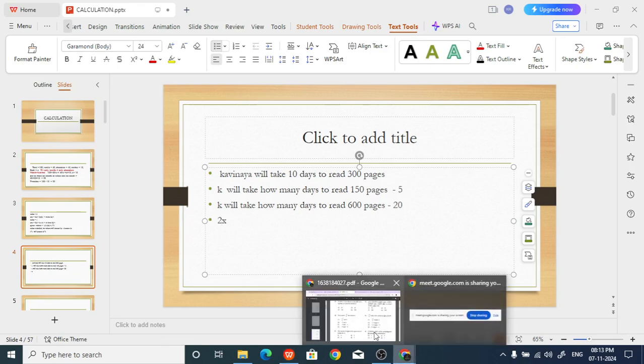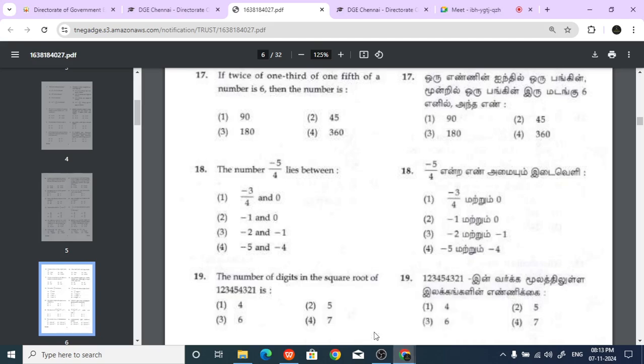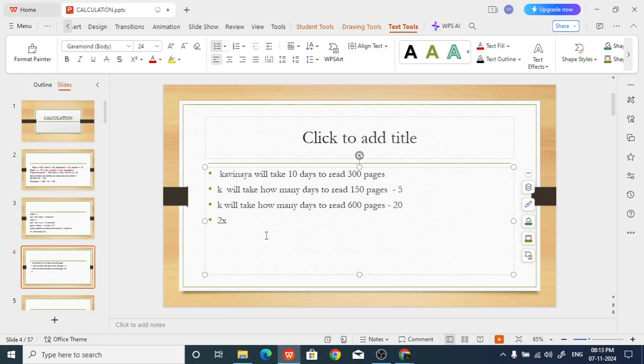Then twice of 1/3 of 1/5 of the number. 1/3 means you have to multiply by 1/3, and 1/5 means multiply by 1/5. I am not putting x again, because I have already taken x there, so you may get confused.